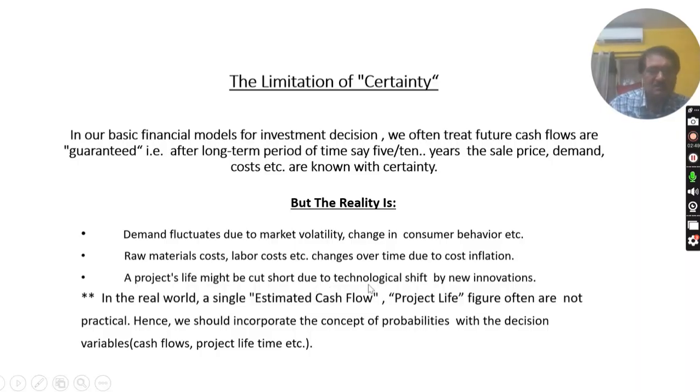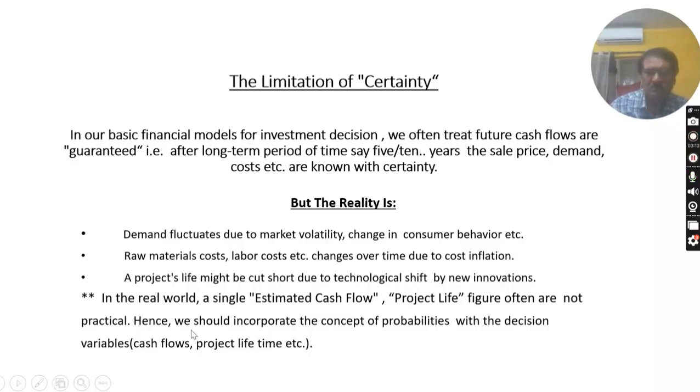And these are the reasons for which a single estimated cash flow and project life figure often is not practical for determining the acceptance of any long-term project.